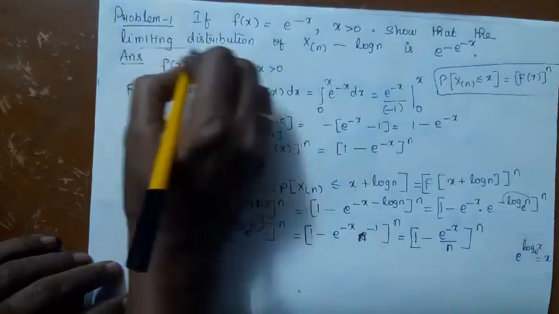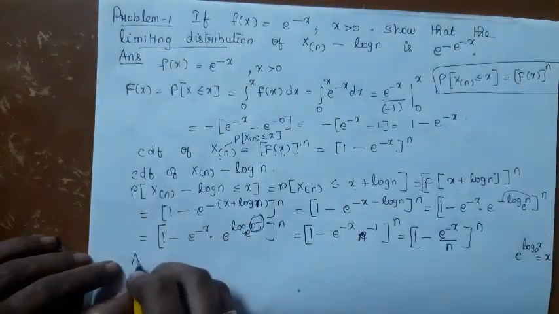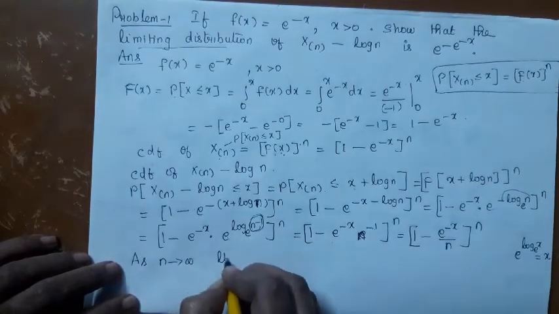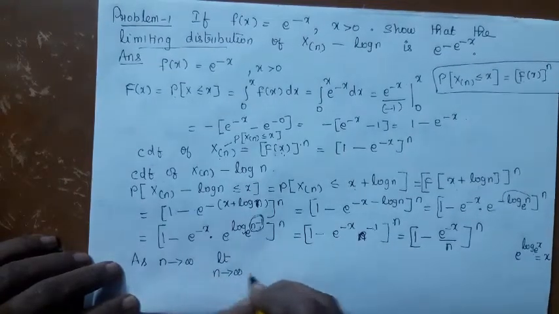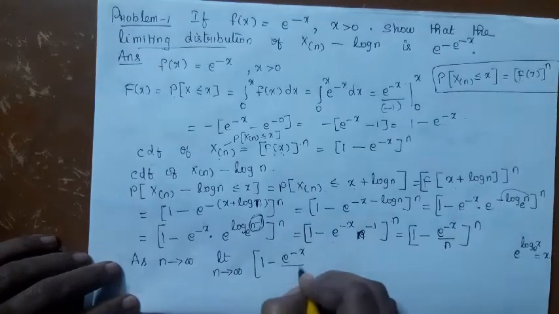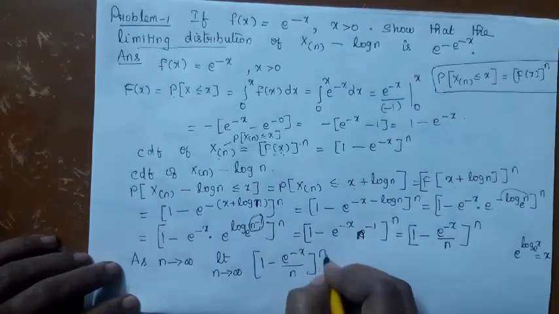Now you are asked to find the limiting distribution. So limiting distribution means as n tends to infinity, what happens to this distribution? Limit n tends to infinity, 1 minus e power minus x by n, the whole power n.